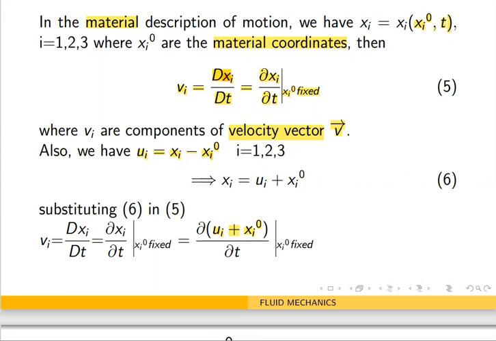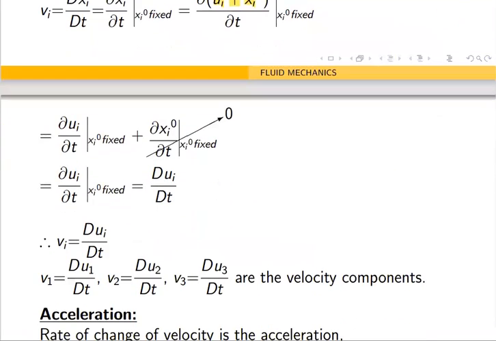Now we are going to take dou ui by dou t plus dou xi naught by dou t. We have the first part plus the second part. The second part is 0. Why is this 0? Because xi naughts are fixed. Therefore this whole thing is 0.